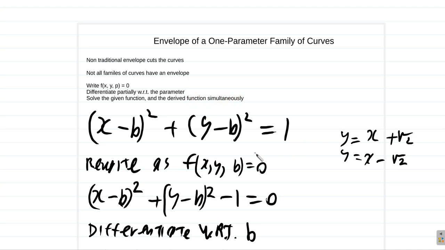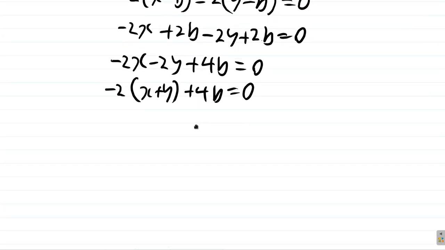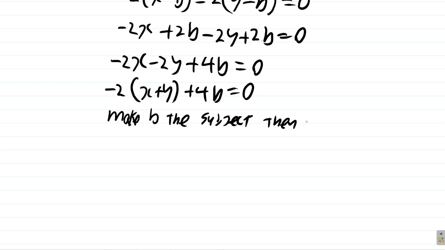Alright? So here, what we can do is make b the subject and then substitute in the original function. Right? So in solving simultaneously, make b the subject, then use substitution.